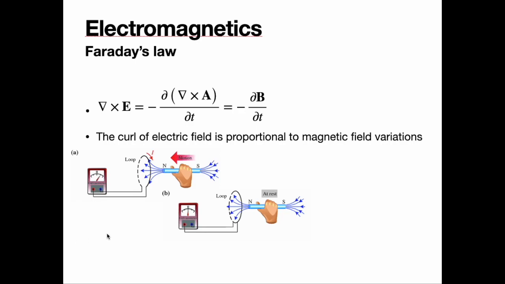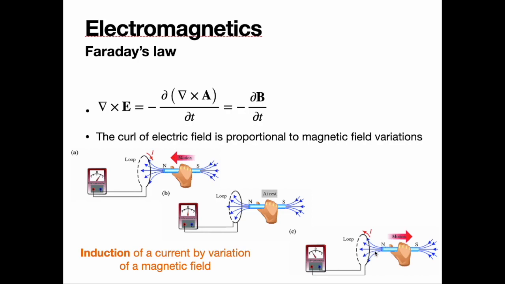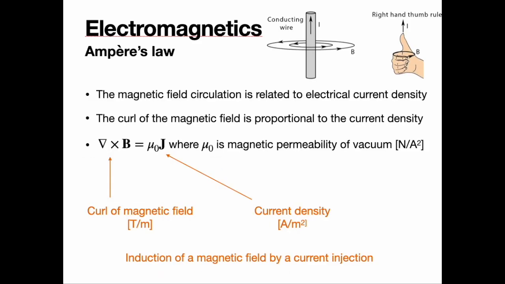Now, if you move the magnet towards the loop, you will induce a current, basically, just during the motion. So the time variation of B inside the loop will induce a current. If you do it in the opposite direction, there will also be induction of a current, which will have a different direction. So that's an induction of current by variation of a magnetic field. So that's a very important law.